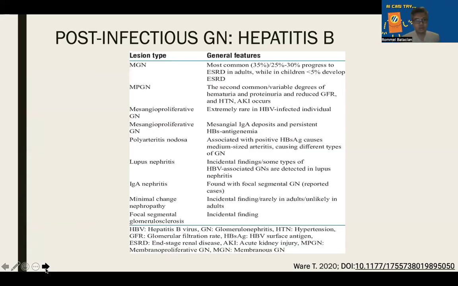Hepatitis B can also cause membranous nephropathy. It's the most common histologic feature, but it can also have other histopathologic pictures such as seen here. It could also cause minimal change disease and focal segmental glomerulosclerosis in few instances.